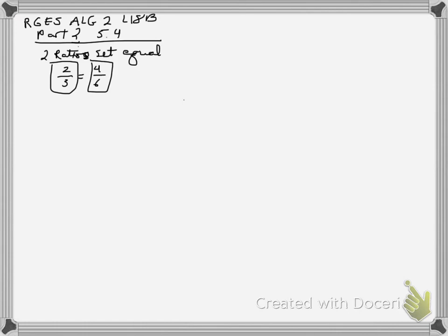Now, there's two ways to write a proportion, so let's write a generalized one. A is to B as C is to D. These are the extremes because they're on the outside, and these are the means.